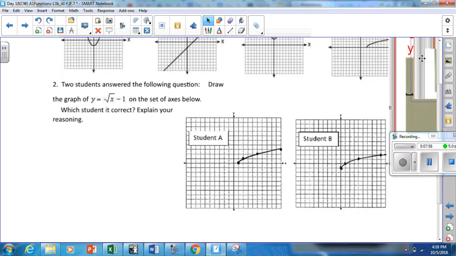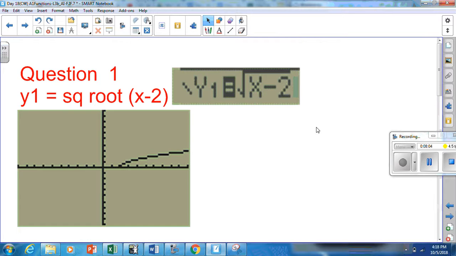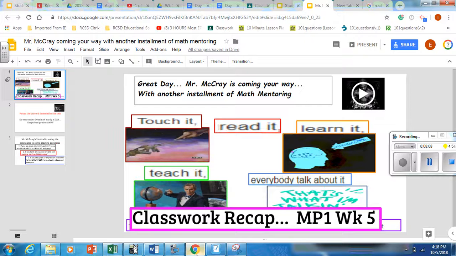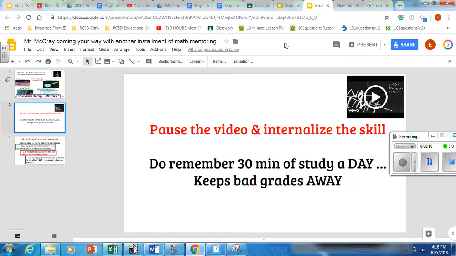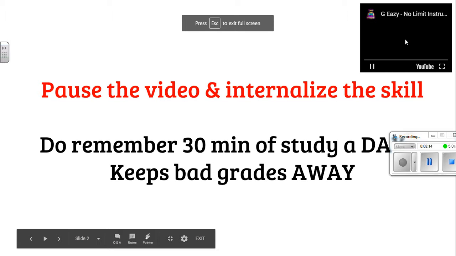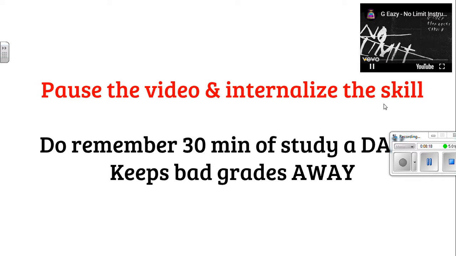All right, so we got a chance to look at the graphs a little bit and, as a recap, we've been doing a lot of work with graphing functions. We started with the linear function, straight line. Then we went to the upside down and the right side up smiley faces.